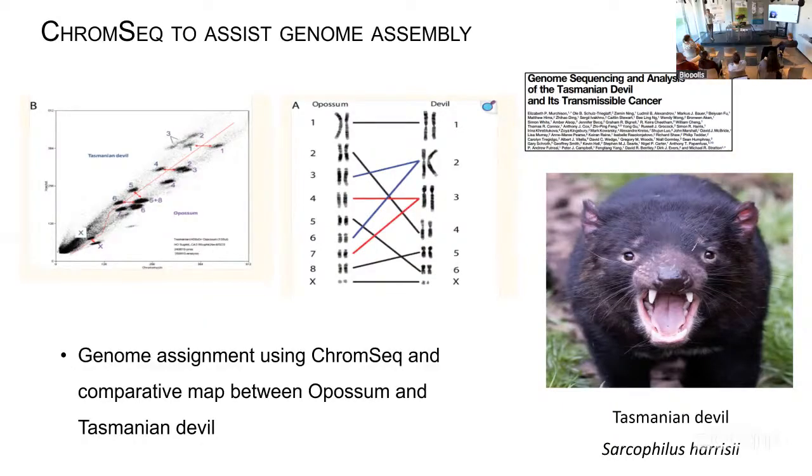But also, from an evolutionary point of view, the important thing here was that by means of this technique, they managed to produce the first comparative map between the devil genome and the opossum karyotype and the opossum genome, which was the only other marsupial for which genomic data were available.